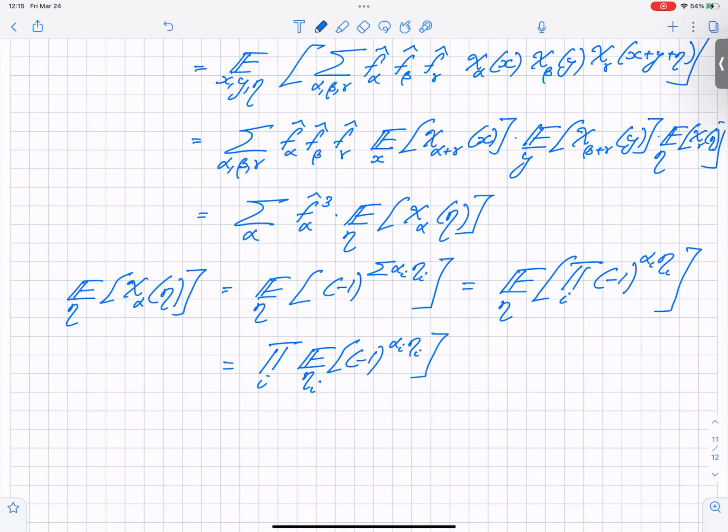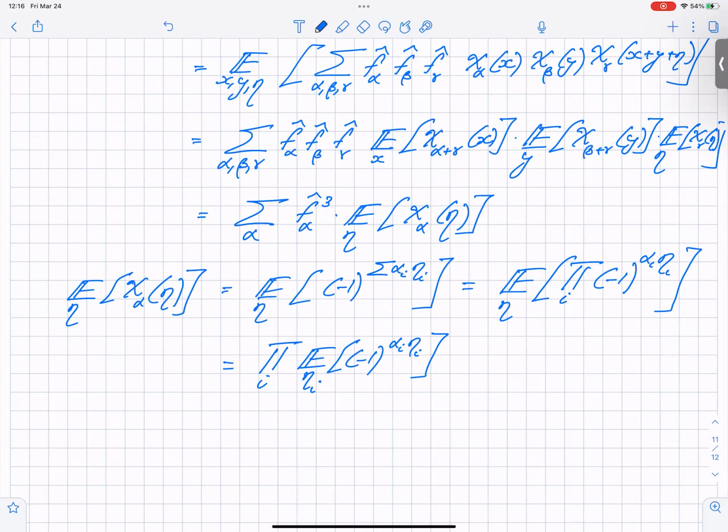What is this quantity? Eta I is 0 with probability 1 minus epsilon. So whenever it is 0, this quantity is 1, with probability 1 minus epsilon. Notice, firstly, if alpha I is 0, this is always 1. Now let's go to the case that alpha I is 1.